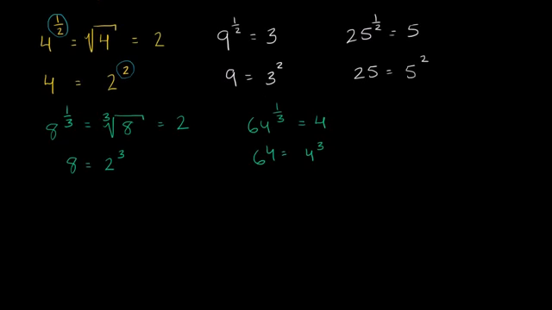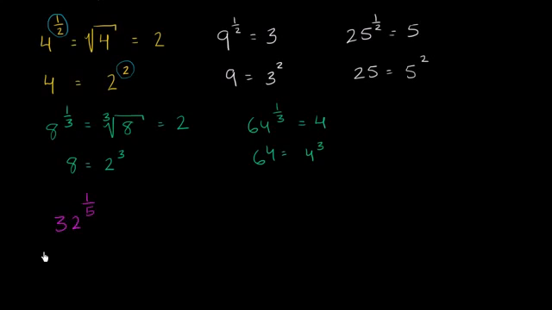So what happens if I were to raise, let me think of a good number here, let's say I had 32. I have the number 32, and I raise it to the 1/5 power. So this says, hey, give me the number that if I were to repeatedly multiply that number 5 times, I would get 32.